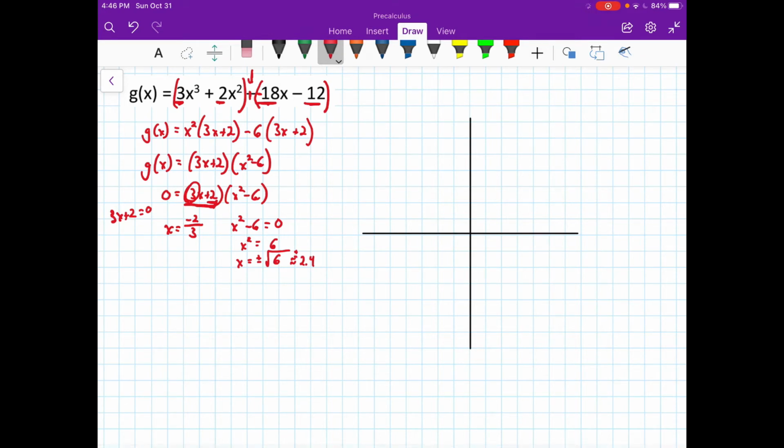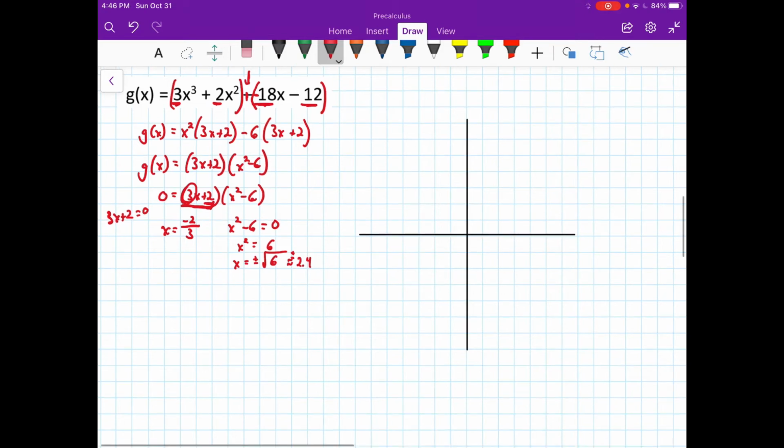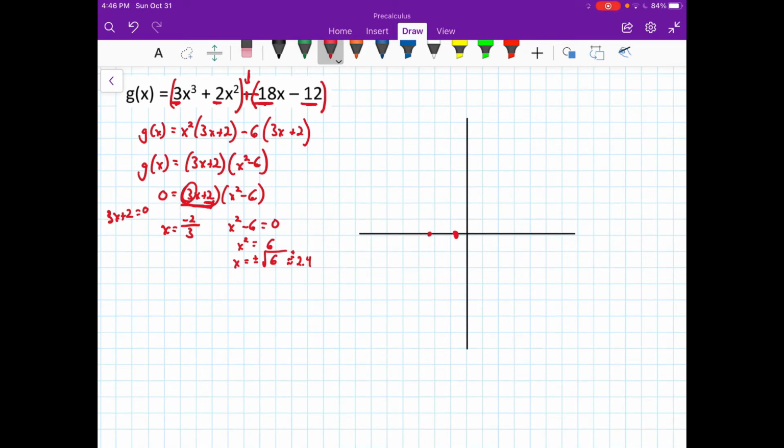And so we're going to graph those zeros. We have negative 2/3. So negative 2/3, we're going to go right here. And we have negative 2.4 and positive 2.4. Those are the zeros. They're all multiplicity 1, so the graph will cross through the x-axis at those spots.